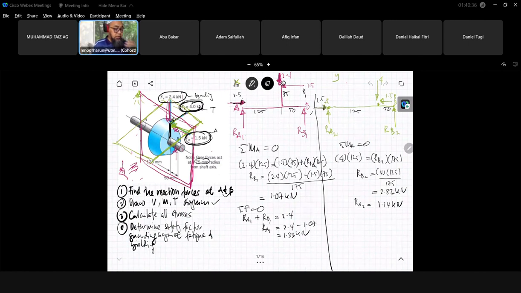The diameter of the shaft, because we are looking at the shaft, is 33 millimeter.